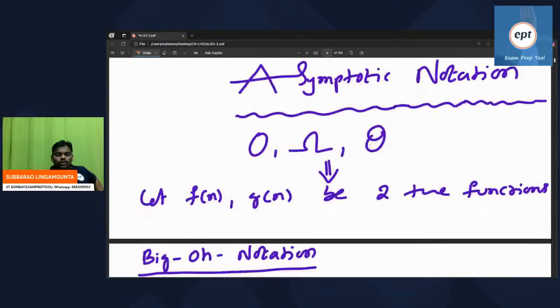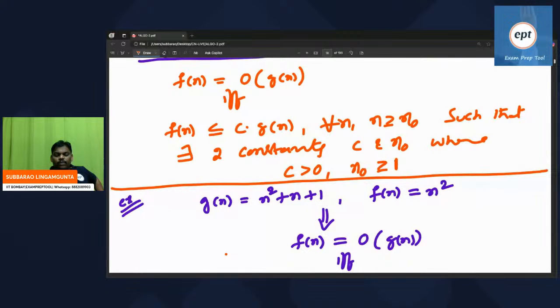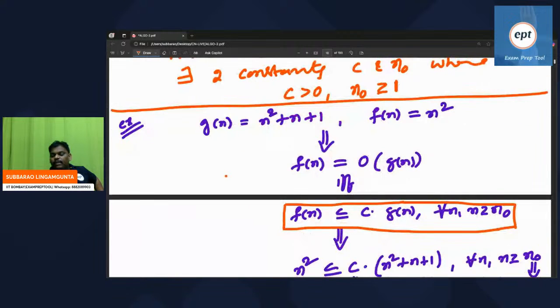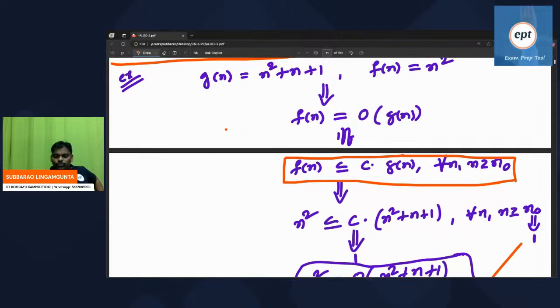The topic is asymptotic notation: big O, omega, theta. Let f(n) and g(n) be two positive functions. f(n) is equal to big O of g(n) if and only if this condition is satisfied. I gave one example also. Please let me know if anyone has any issue.